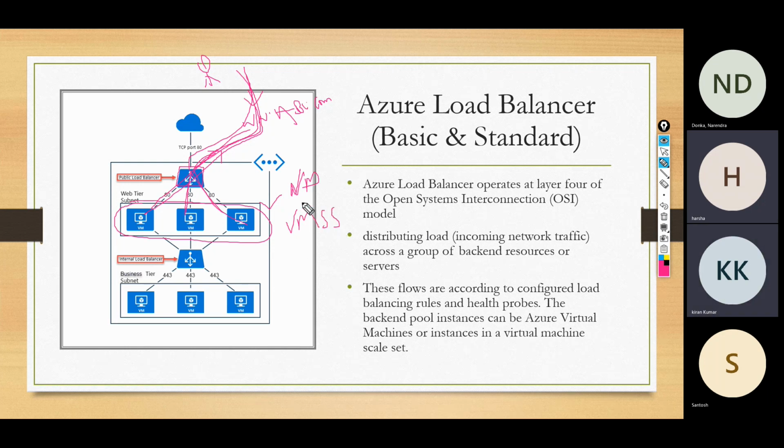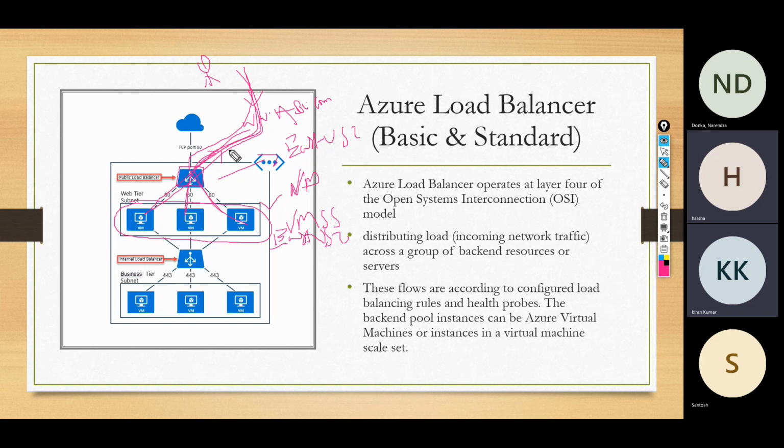These are regional services, and work within the region only. Suppose my backend virtual machine is in East US2, then the front end load balancer should also be in East US2 only.